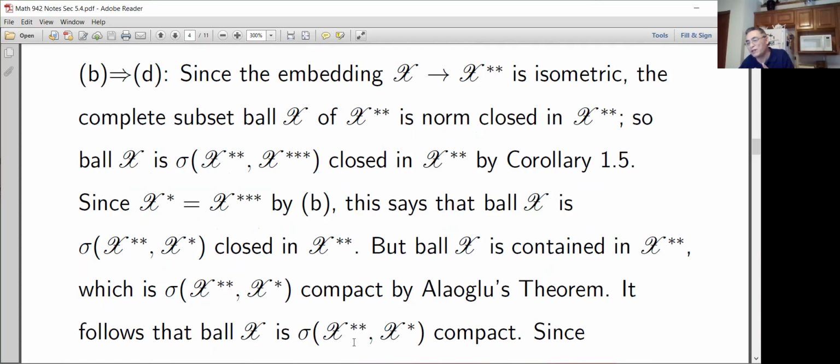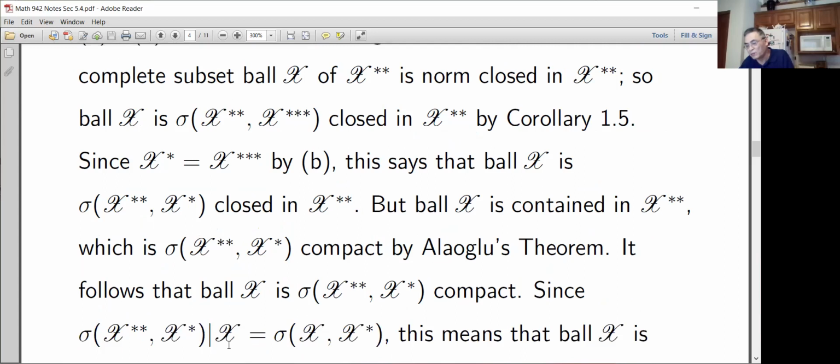But as we mentioned earlier, this topology is the same as the topology sigma X star when restricted to X. So ball X is compact in this topology.